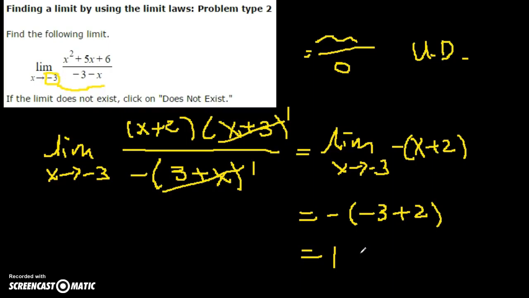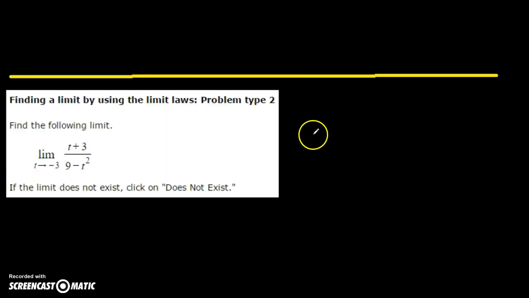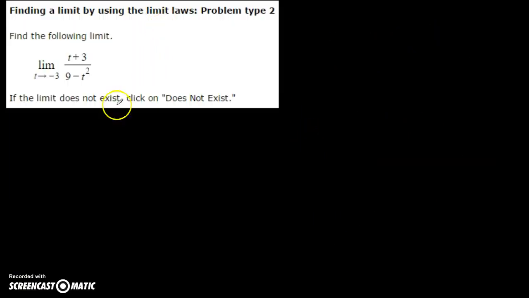Okay, I'll show you another example. This example is a little bit trickier because, again, you will need to know how to factor. The top, t plus 3, I'm going to leave that.